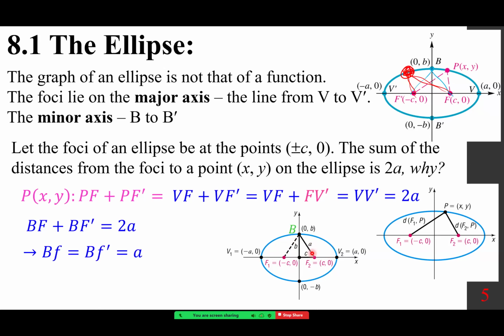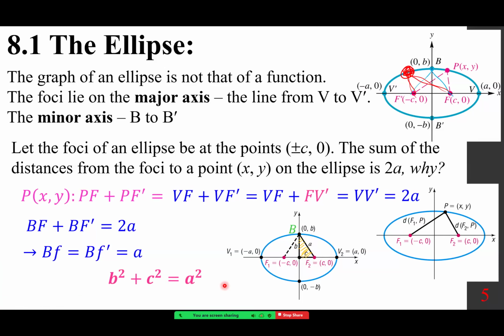And now if you look at this right triangle, the Pythagorean identity says this side squared plus this side squared is this side squared. So b squared, c squared, they add up to a squared.